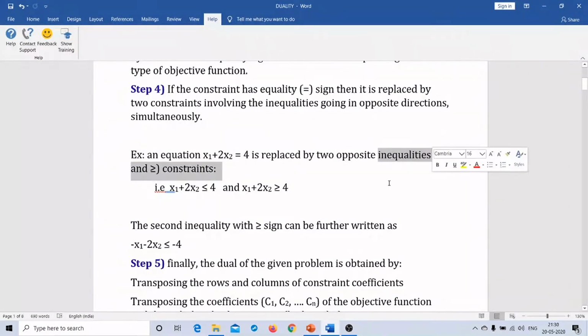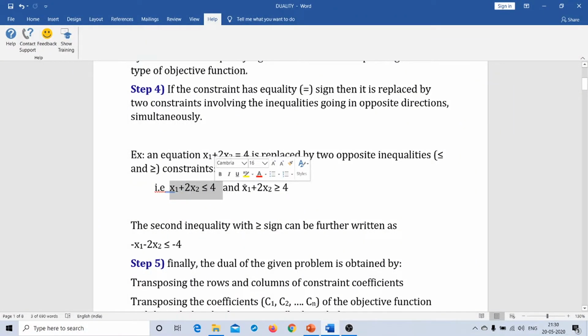Less than and greater than. So this x1 plus 2x2 equal to 4 becomes x1 plus 2x2 less than or equal to 4 and x1 plus 2x2 greater than or equal to 4, right? So this is what you mean by saying inequalities going in opposite directions simultaneously.